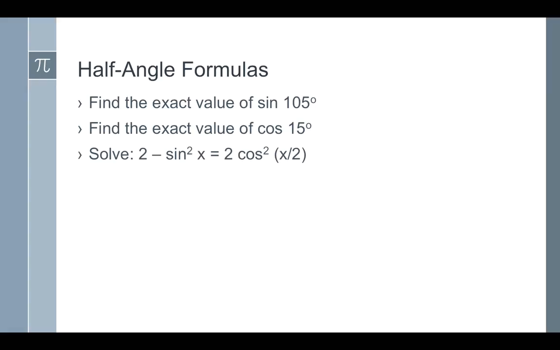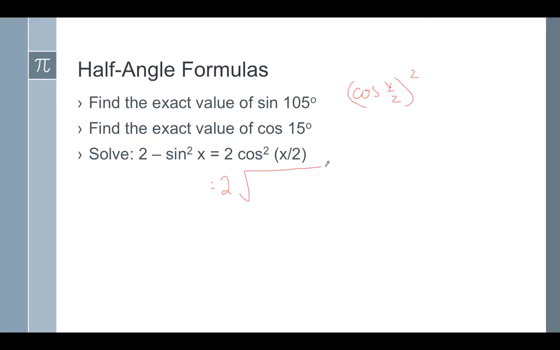All right. What we want to do is we want to solve this equation. And we are going to solve this equation using a couple different identities here. So we're going to leave 2 minus sine squared x alone for a moment. We're going to take care of this x over 2. So we get 2 times cosine of x over 2. So we got to think about this as the cosine of x over 2, all of that squared.